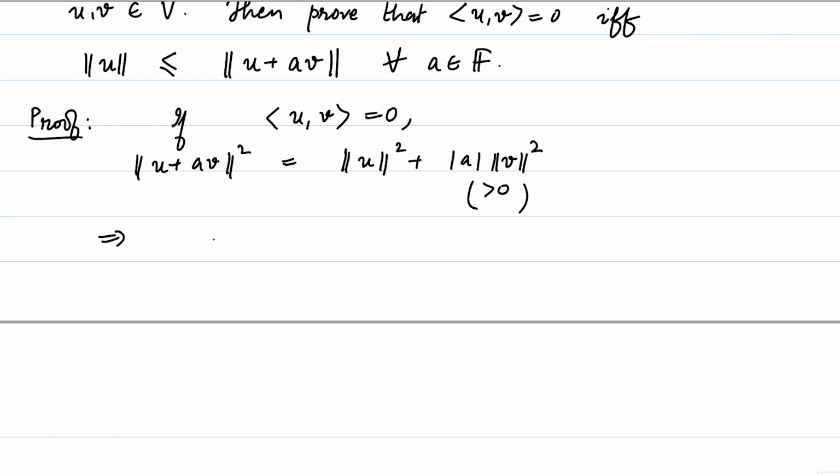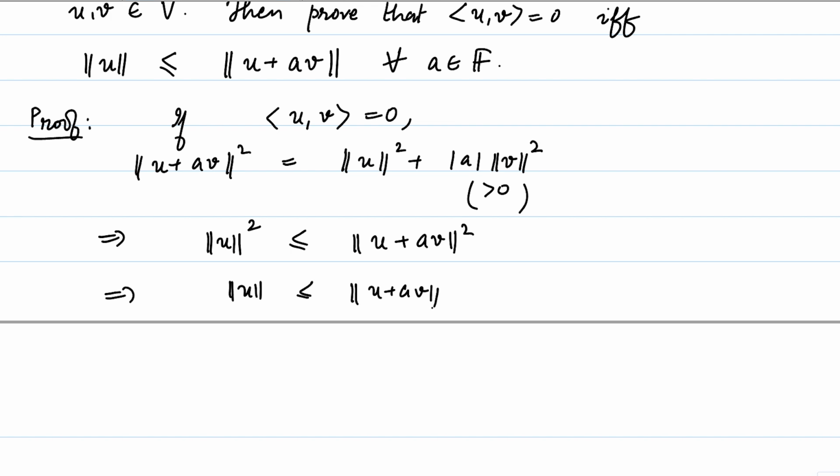So this implies that the length of u squared is less than or equal to the length of u plus av the whole square. By taking square root, the length of u is less than or equal to the length of u plus av.